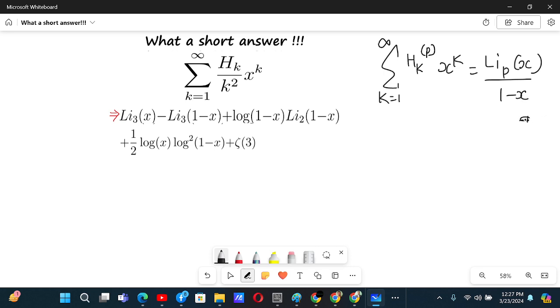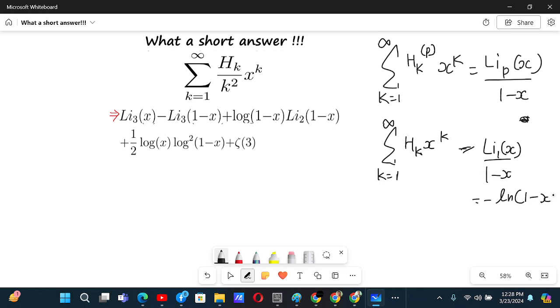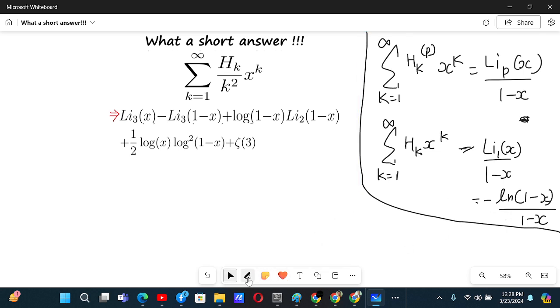Now if p is 1, as in our case, just for the harmonic number, then the sum of H_k x to the power k equals Li1 of x by 1 minus x, and Li1 of x is minus ln of 1 minus x. This is the function that we will use to find the answer. This function already seems kind of tougher to integrate, but we will deal with this.